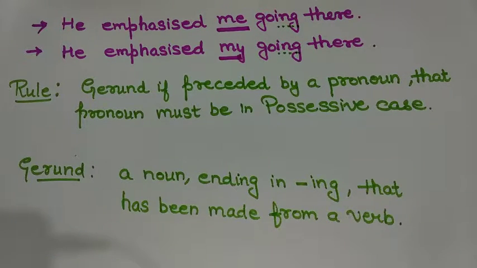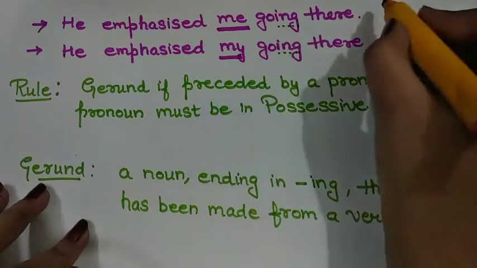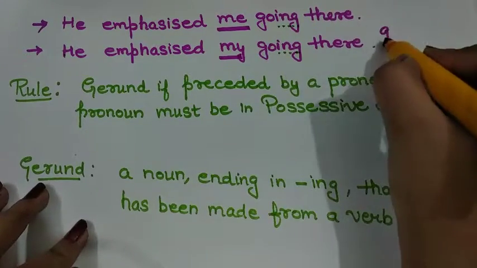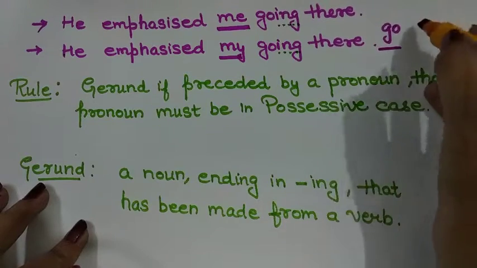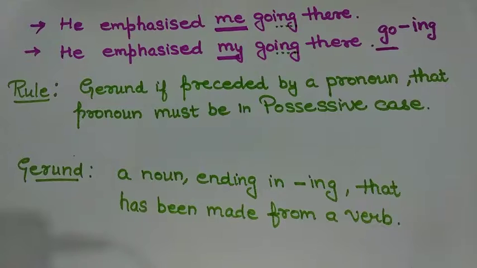A gerund is a noun ending in ing that has been made from a verb. See, going. The word go is a verb, and when I add ing, it becomes a gerund. So these kinds of words are called gerunds.